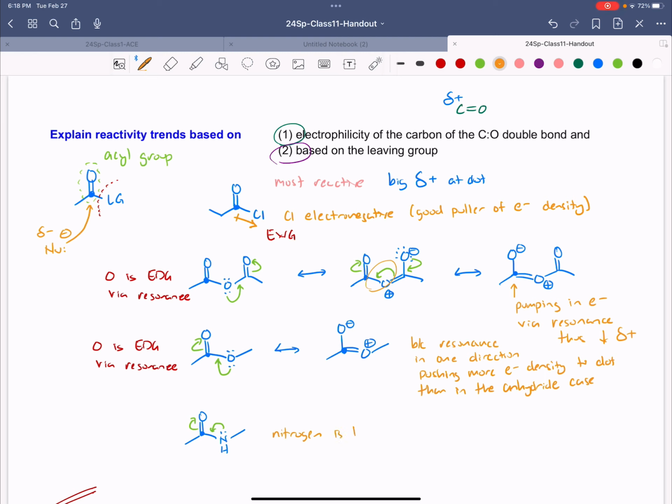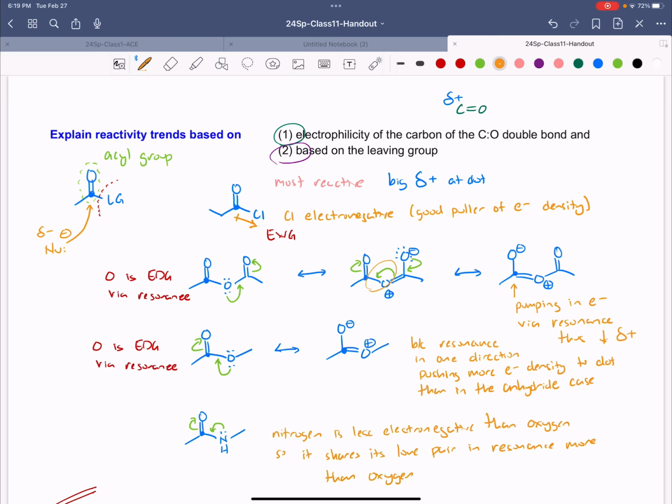Nitrogen is less electronegative than oxygen. So it resonates, or it pushes its lone pair more than an oxygen, or so it shares its lone pair in resonance more than oxygen.